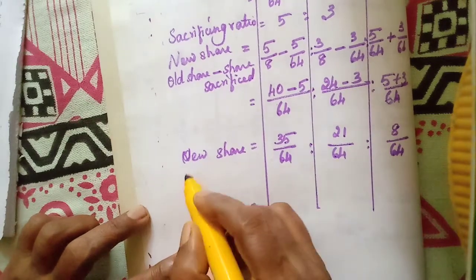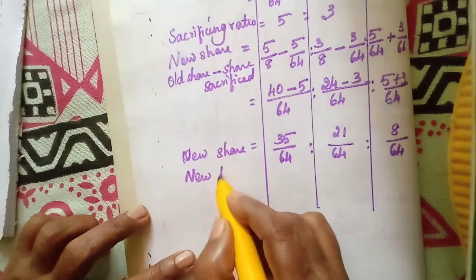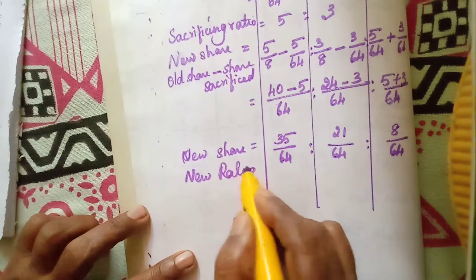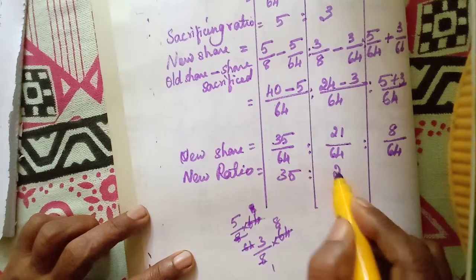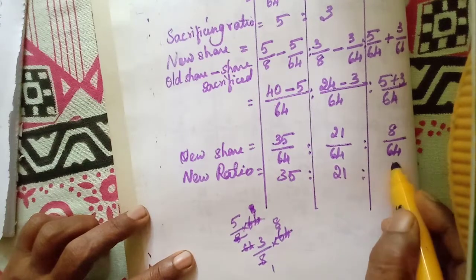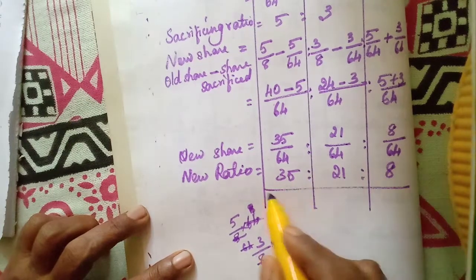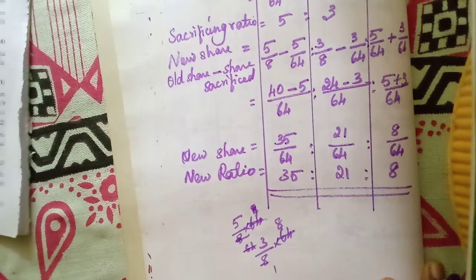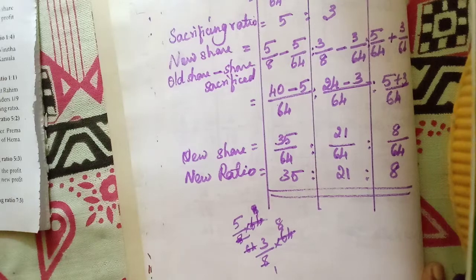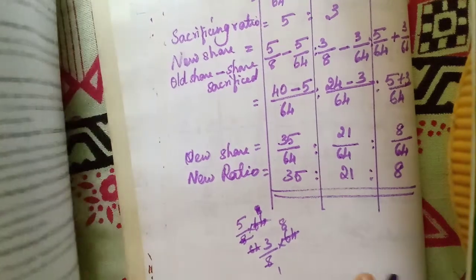Now new ratio. 35 is to 21 is to 8. Okay. Now the next one we will see.